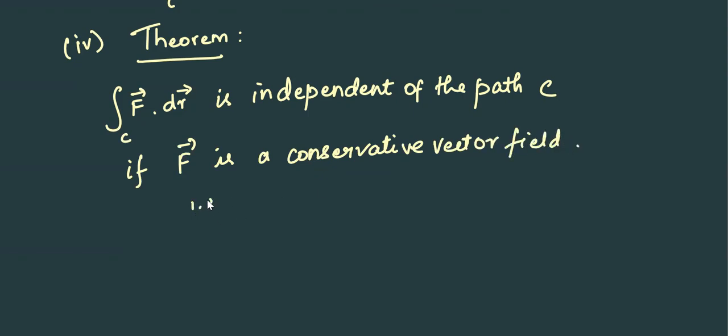That is del cross f is 0. For a conservative vector field, the line integral is independent of the path.